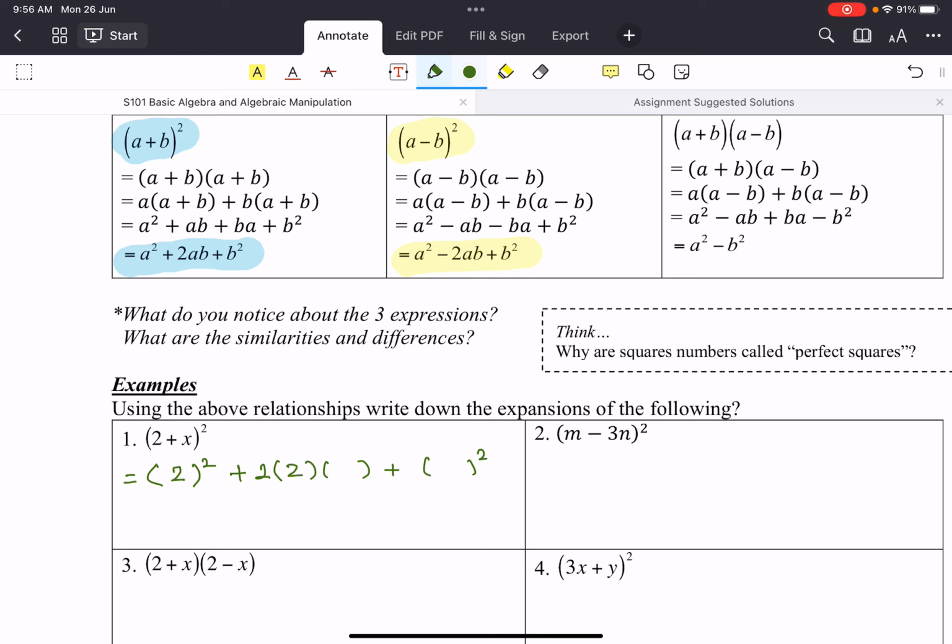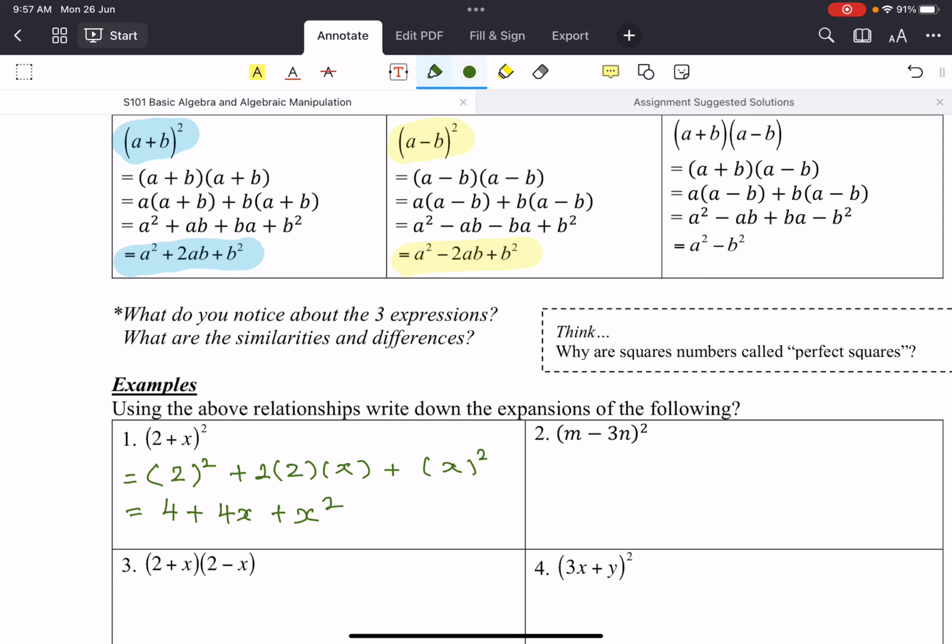And b has the value of x, I'll write it down. Once we do this, do a quick simplification. We will obtain 4 plus 4x plus x squared. There we go. So knowing the structure of these special identities allows us to do expansion and later on factorization of this kind of cases very quickly. So I highly recommend that you be very familiar with this, right?